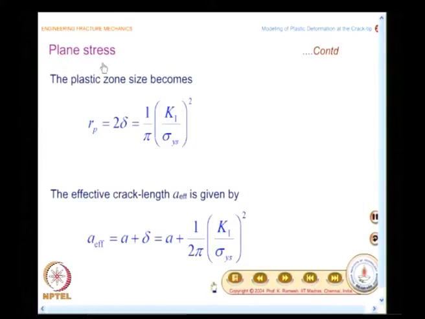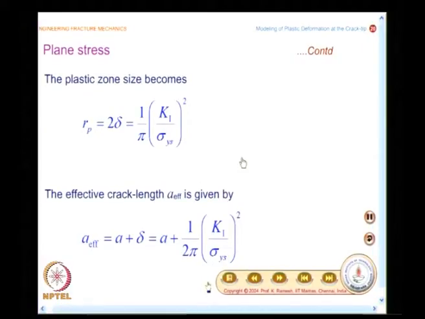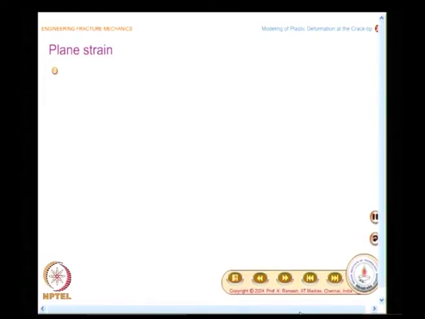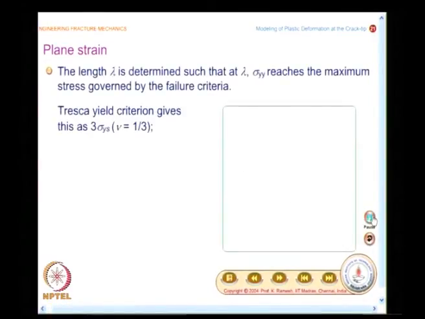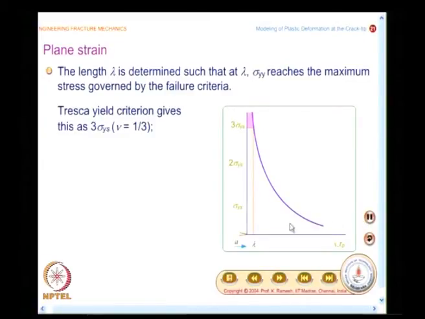We have looked at this for plane stress. Now, let us see how do we estimate the plastic zone length in the case of plane strain. Here again you look at the simplistic model. You have to find out the length lambda, and what we did, we simply took the stress at the crack tip as 3 times sigma ys when nu equal to 1 by 3.